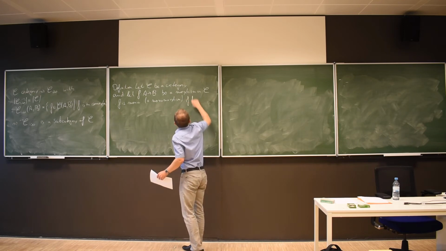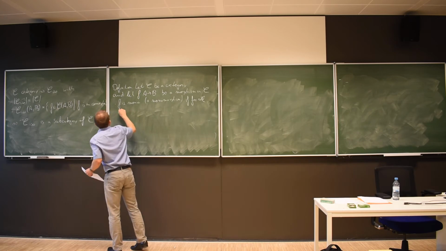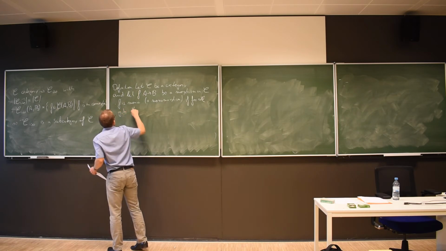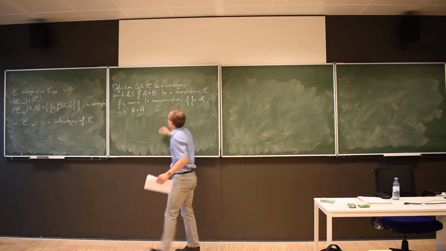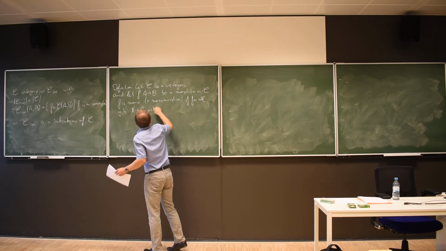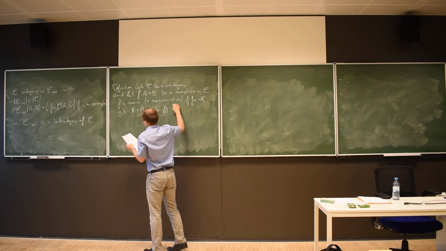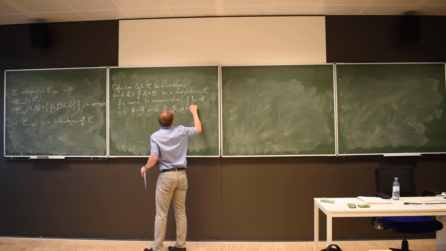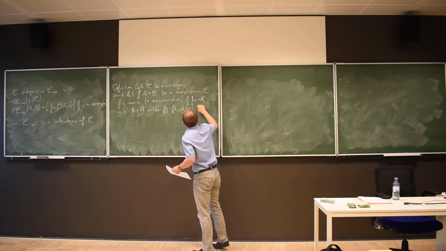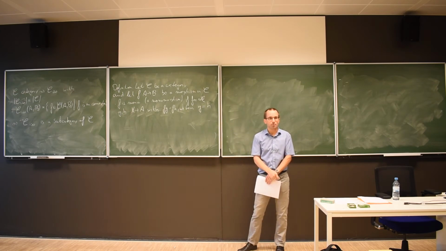if for all pairs of morphisms G, H from some object X to our object A, with the property that the composites Fg and Fh coincide, we have that G and H must be equal.